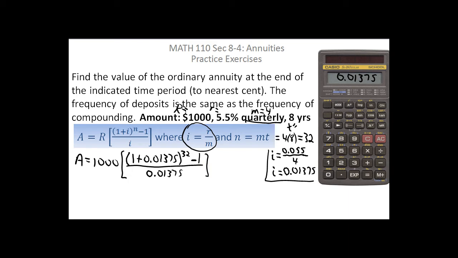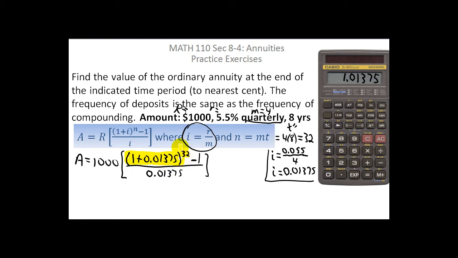Now it just becomes a calculator problem pretty much. So let's take this one thing at a time. The first thing I want to do is add 1 to the result that's already in the calculator. So I take the displayed value, which is the decimal part, and say plus 1 equals. And obviously I get 1.01375. Next I need to raise that to the 32nd power.